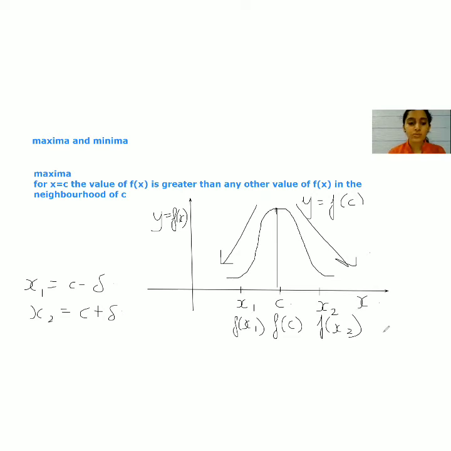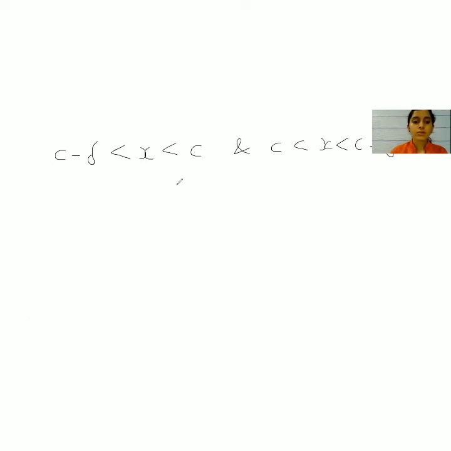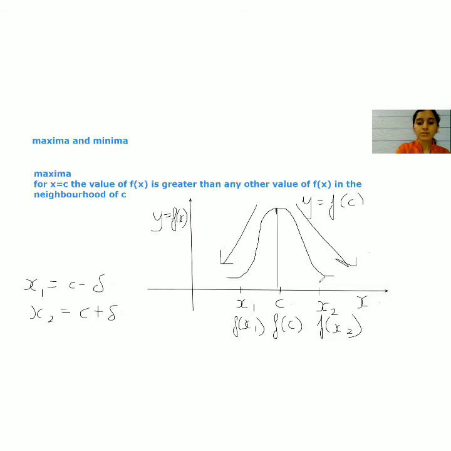Okay, so now what can we say about the left hand side function? That is, when x lies between x1 and c, what can we say about this function? See, what do you observe?